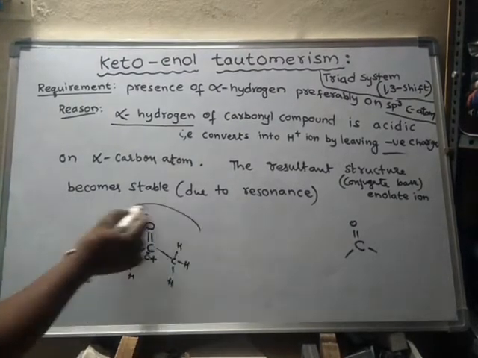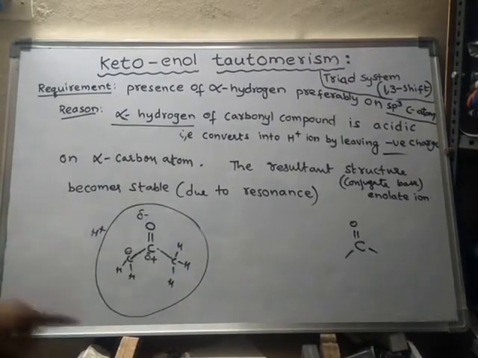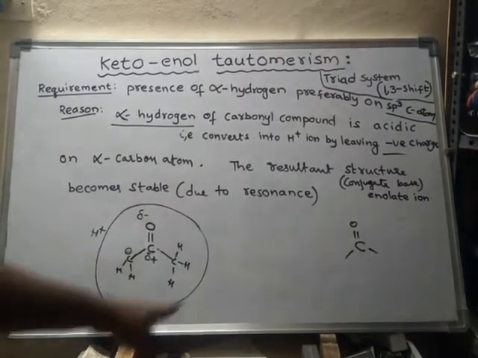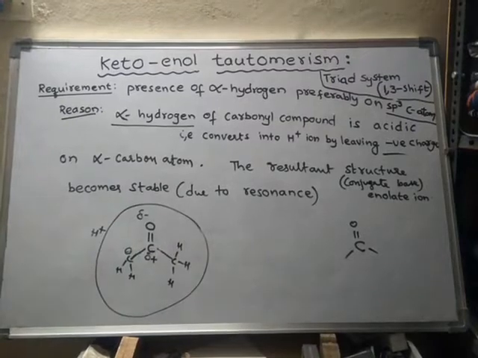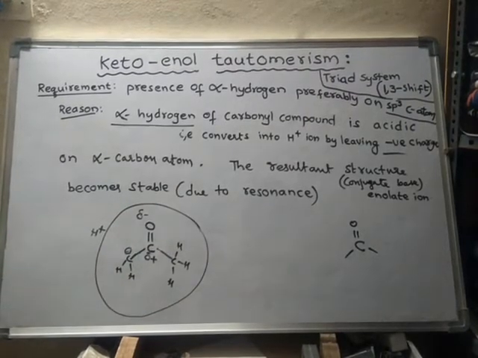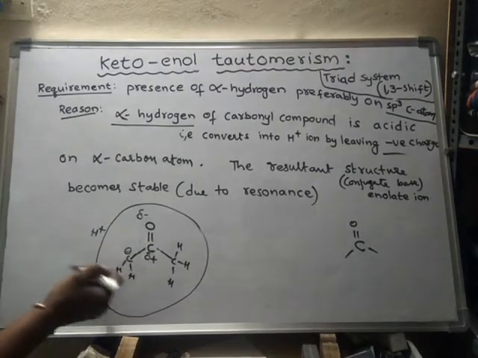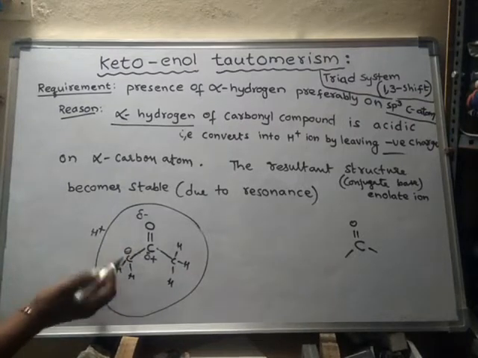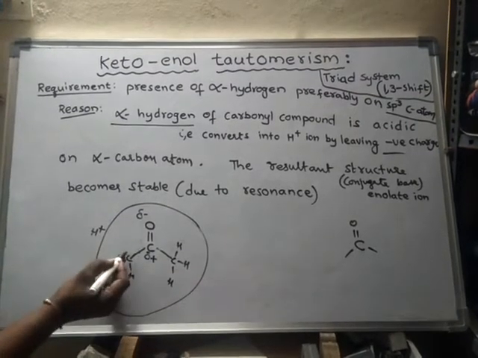Now this is the resultant structure. What happens to it? It becomes stable. Why? Here the negative charge means 2 electrons are there.